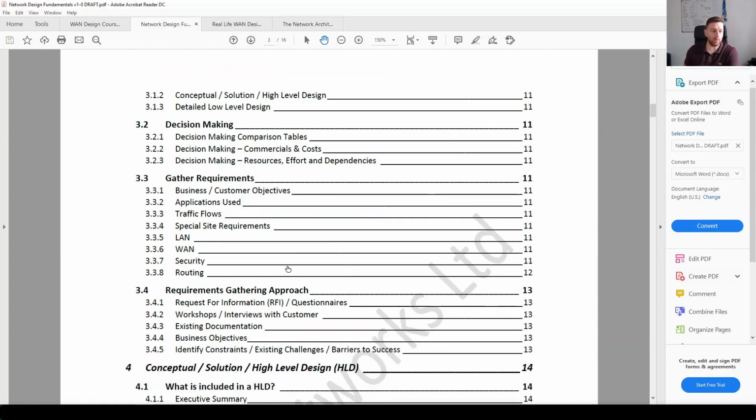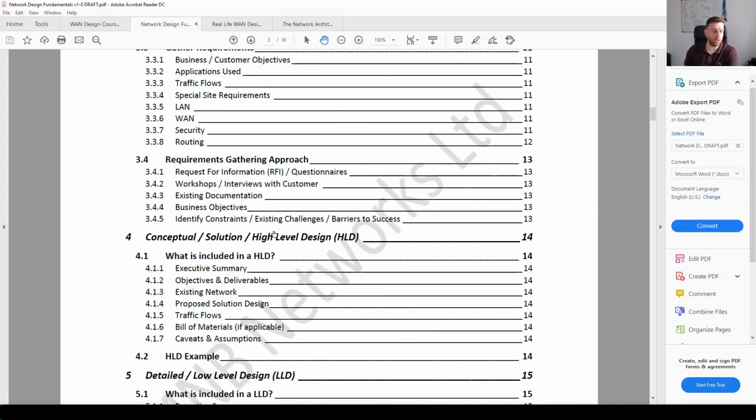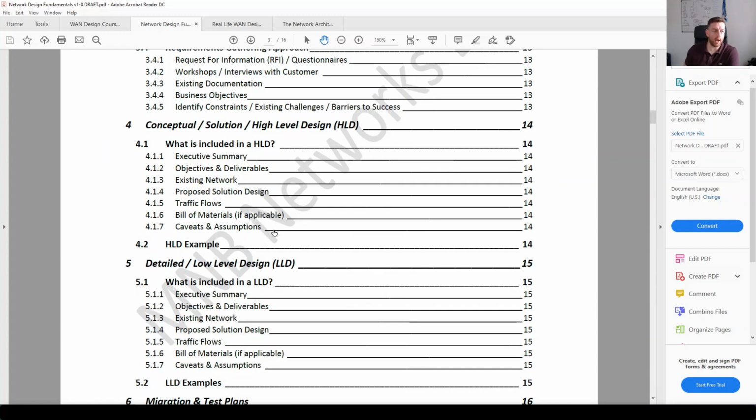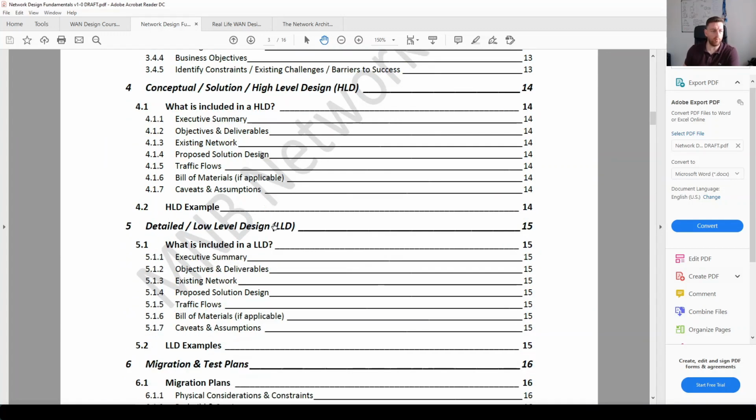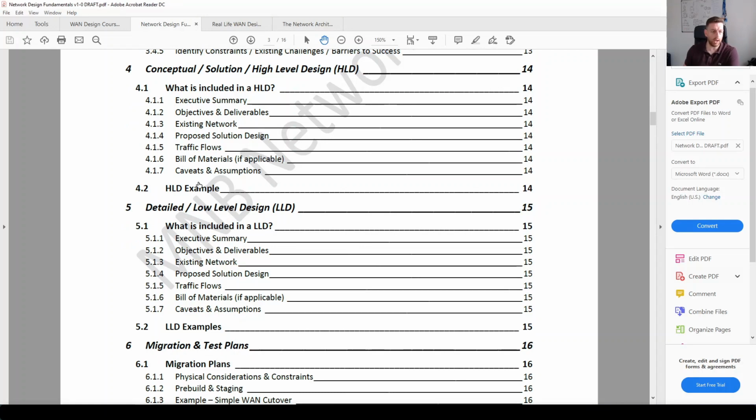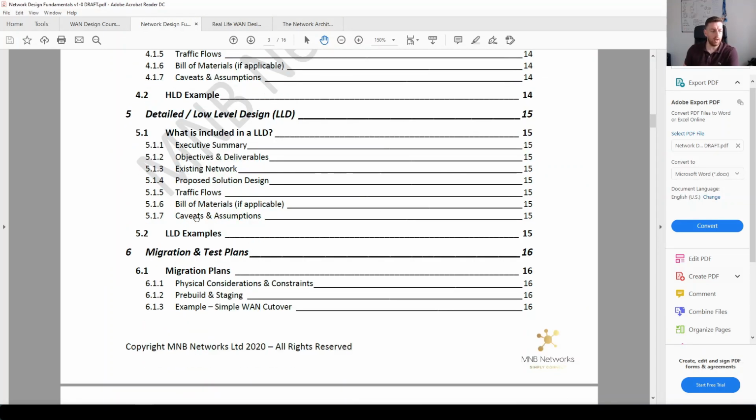We talk about decision making, gathering requirements. So this is really that first module in the WAN design course. This will be a book that complements that, talks about what is a HLD, what is an LLD, migration and test plans, etc.